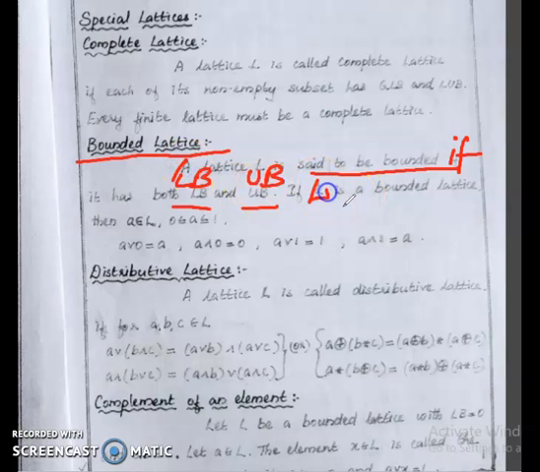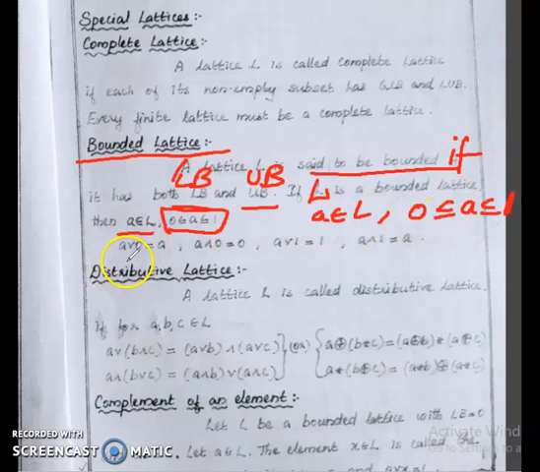If L is a bounded lattice, then for A belonging to L, 0 is less than or equal to A, which is less than or equal to 1.